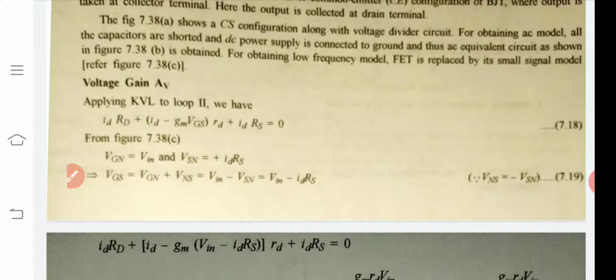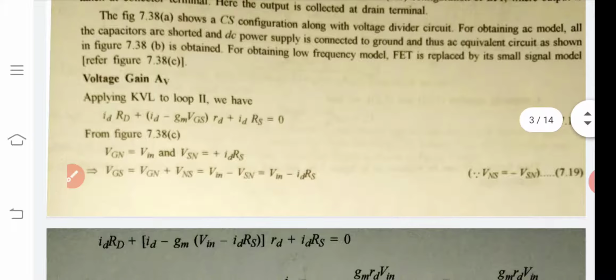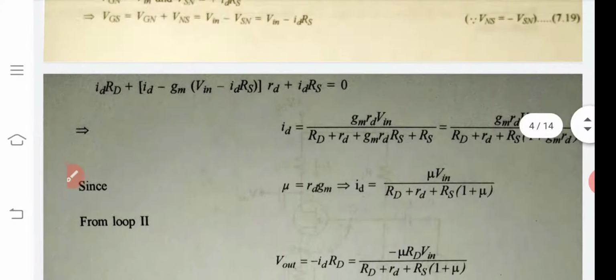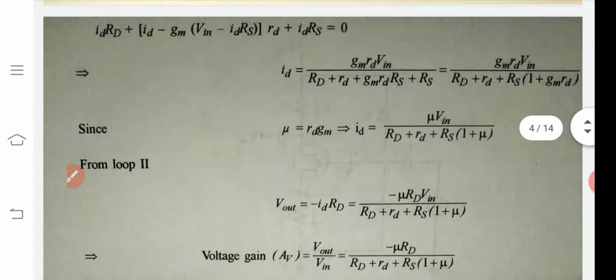VG equals Vin, and VS equals ID RS, and VGS equals VG minus VS. So VGS equals Vin minus ID RS. We put this into the equation for VGS, and finally we get the equation for ID.